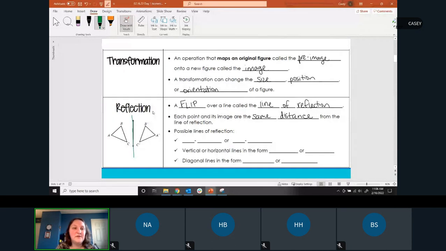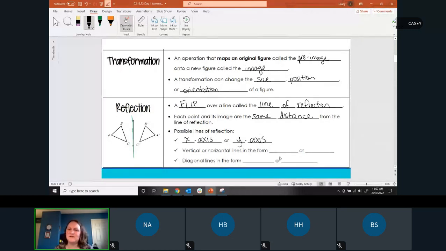You might have a line of reflection that's the x-axis, that's the horizontal axis, or the y-axis, that's your vertical axis on your graph. You could also have lines of reflection that are vertical or horizontal lines.